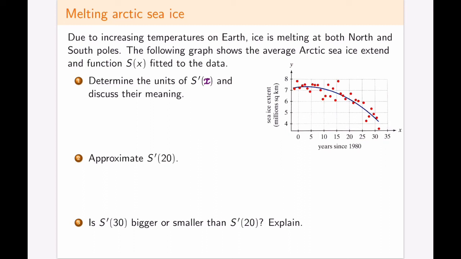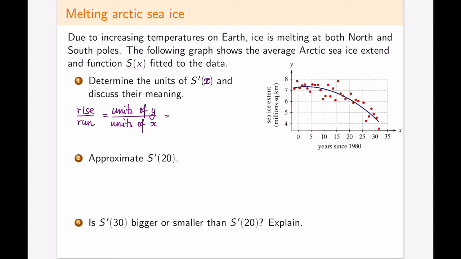The derivative, remember, is the slope of a tangent line, which means it is rise over run, which means we're looking at the units of y divided by the units of x in terms of purely units and not just the numbers. The units of y here are the actual units for our function.